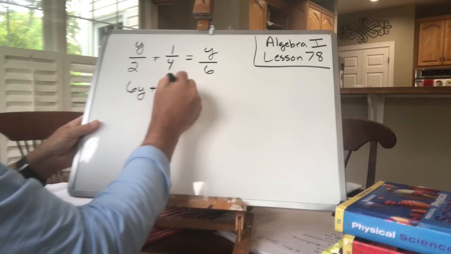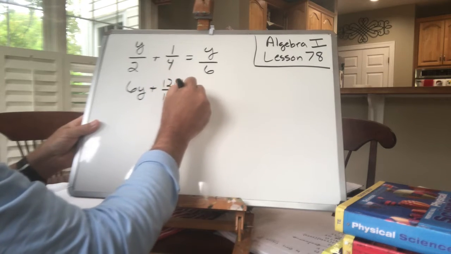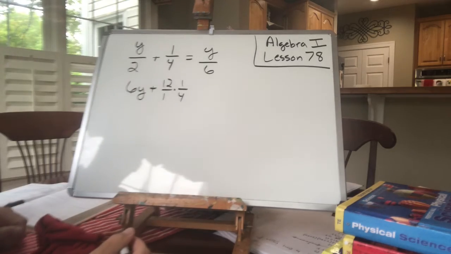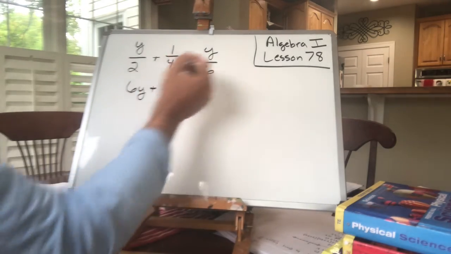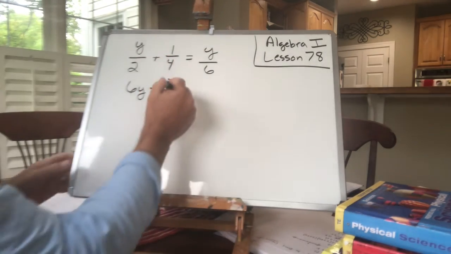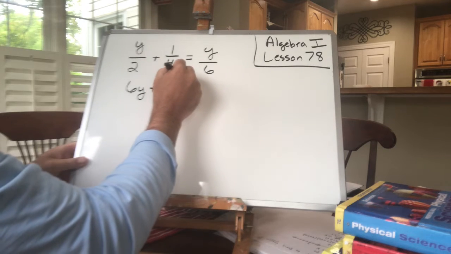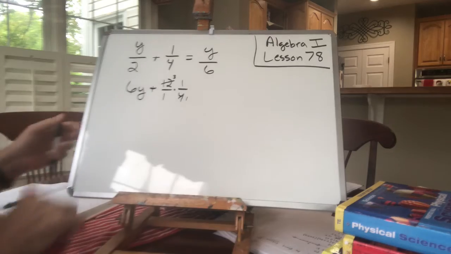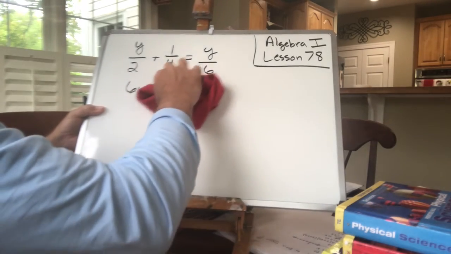12 over 1 times 1/4. We got to keep multiplying 12 times each one of these. We can cross reduce again, and we're going to get 3 and 1, which will equal 3. So I can erase this.